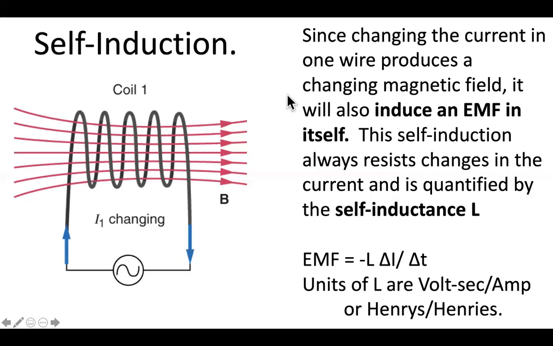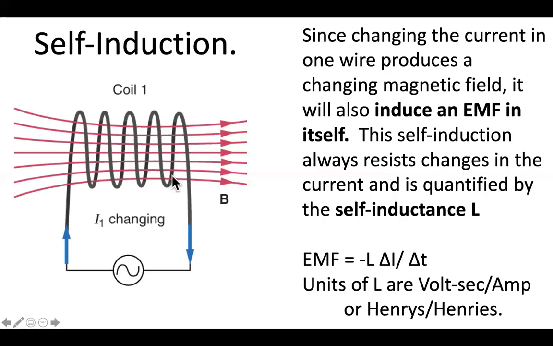What's important to understand is that this process can occur within a single loop. This, for example, is a wire loop that's generating a magnetic field. If you change the current in that loop, you will change that magnetic field and try to induce a current within the loop itself. In effect, if you try and change the current, you produce what's called a back EMF.